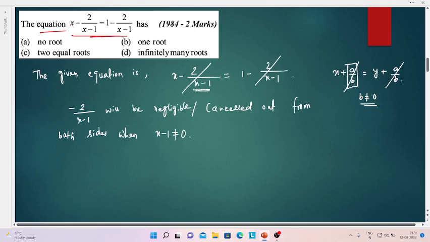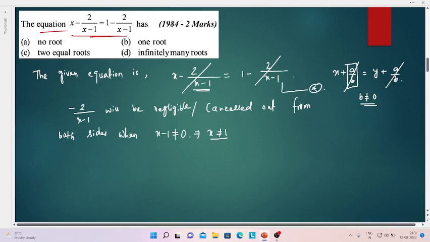If x minus 1 is 0, then we can't cancel out this part, because that will be an undefined relation. So from x minus 1 not equal to 0, we have x not equal to 1. That is a very important condition which you have to remember.